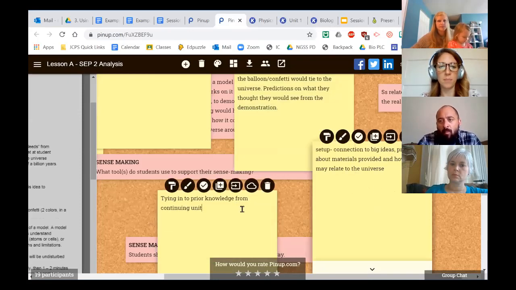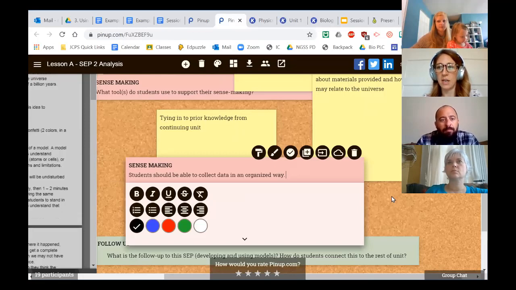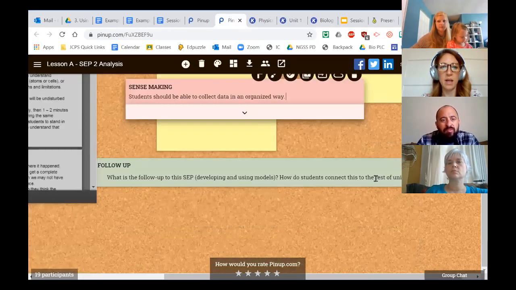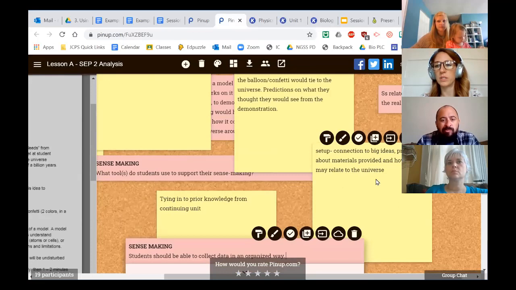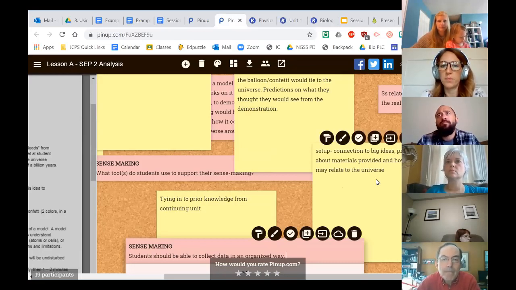That's the setup. Here we go. So students should be able to collect data in an organized way. All right. Does anybody else want to either unmute and share or send in the chat what else is being used to support student sense making during this activity?